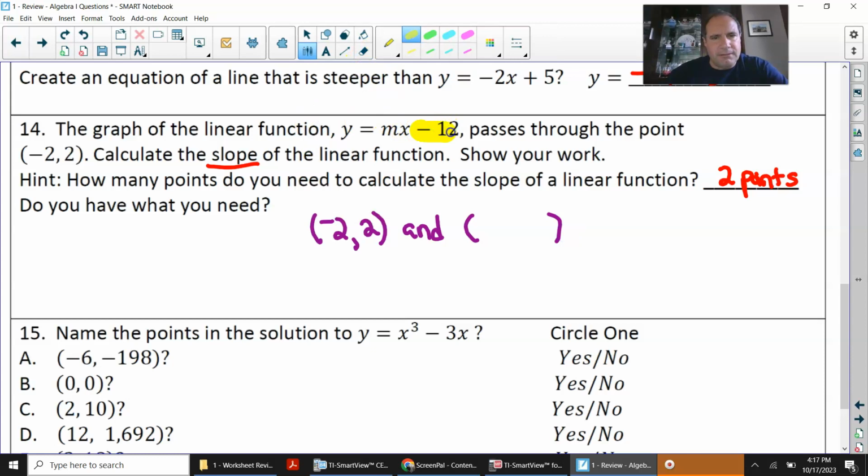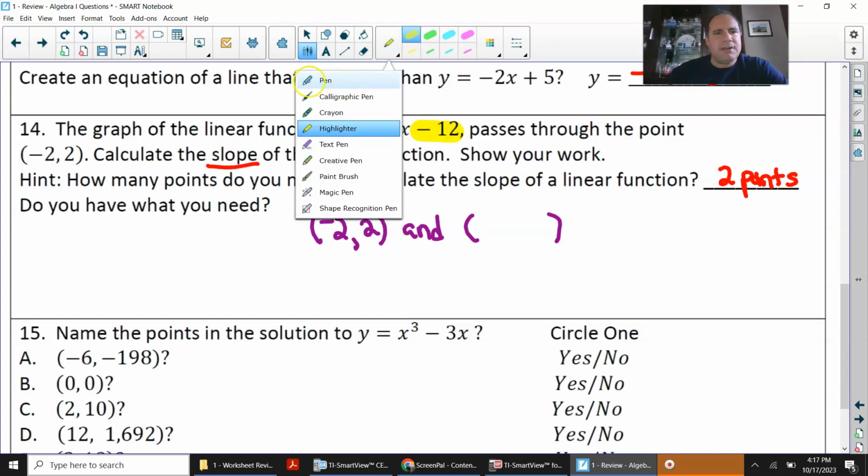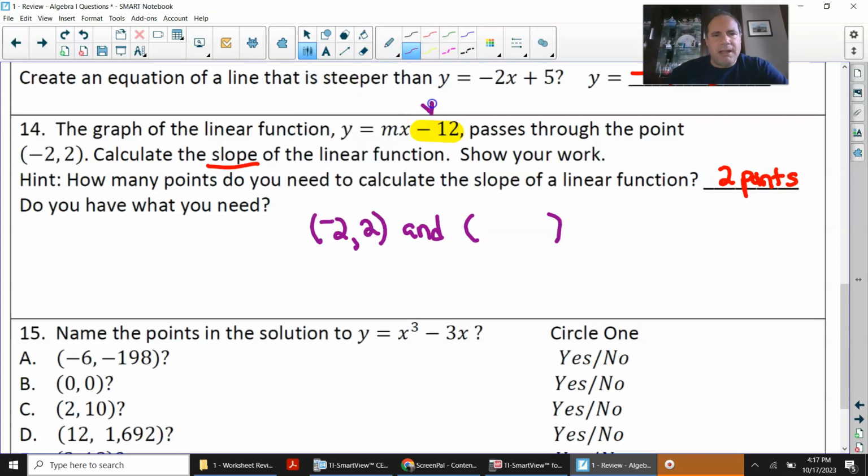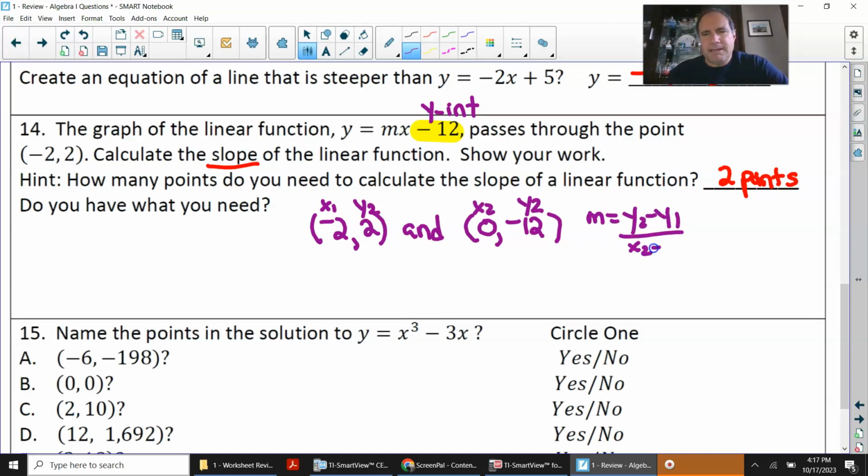Here's the other point. That is the y-intercept. So the y-intercept has an x of 0, negative 12. All right, that is the y-intercept. So now we have 2 points. We could go ahead and figure out the slope of this. So this is y2 minus y1 over x2 minus x1.